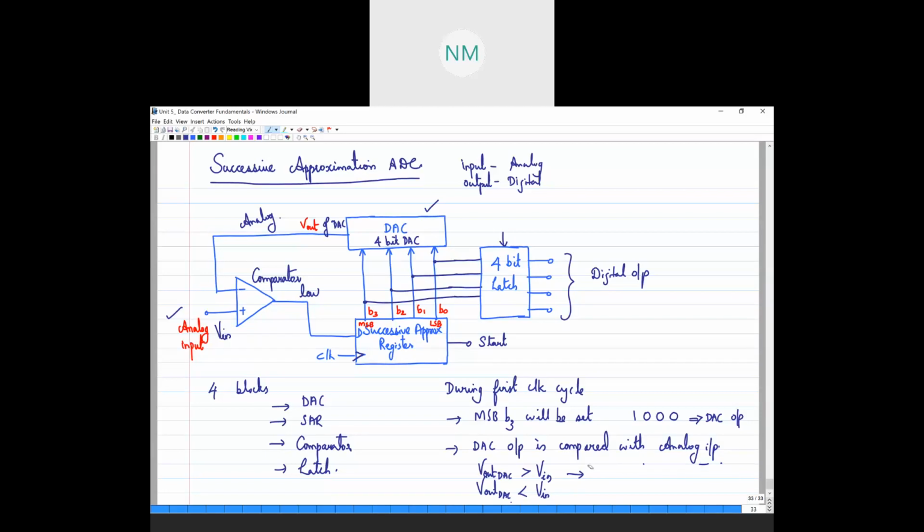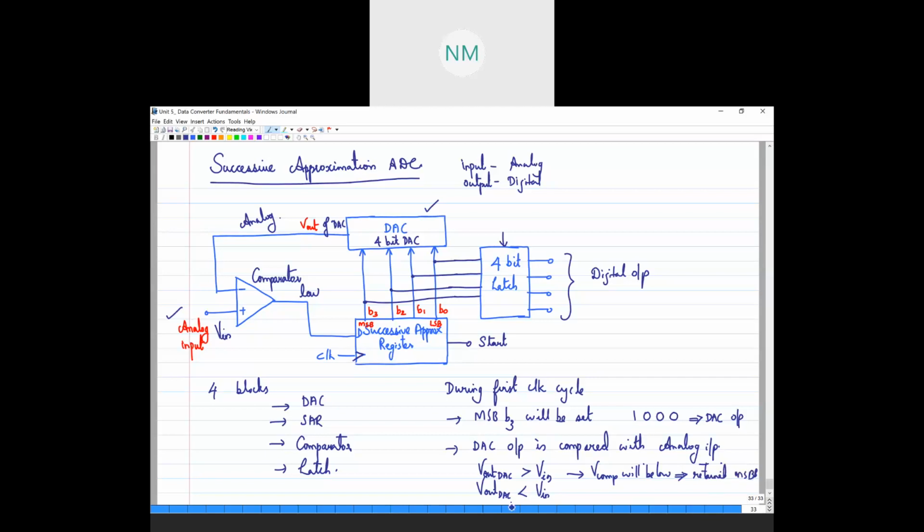If your output of DAC is greater than the analog input, your output of comparator will be low, and that leads to, sorry, I made a mistake here, retaining of the MSB. Your MSB bit will be retained.